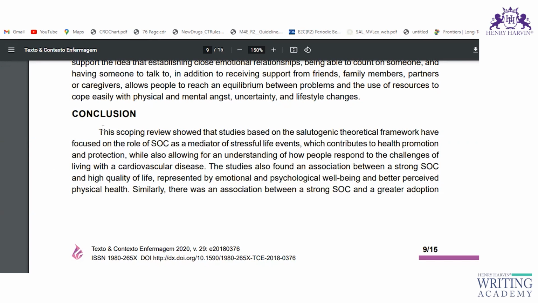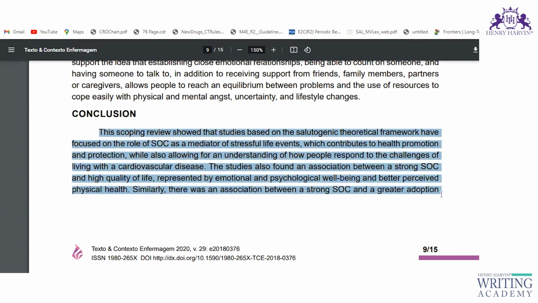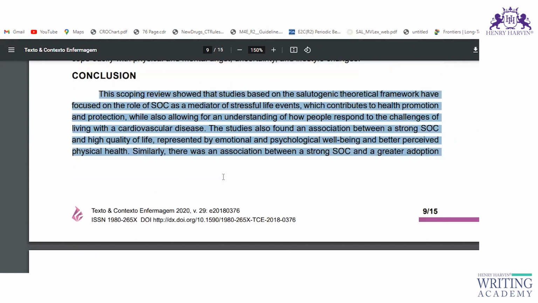In the same way, now here you are writing a scoping review, so you have to mention that this scoping review showed that studies based on the salutogenic theoretical framework focused on the role of SOC as a mediator of stressful life events, which contributes to health promotion and protection, while also allowing for an understanding of how people respond to the challenges of living with a cardiovascular disease.